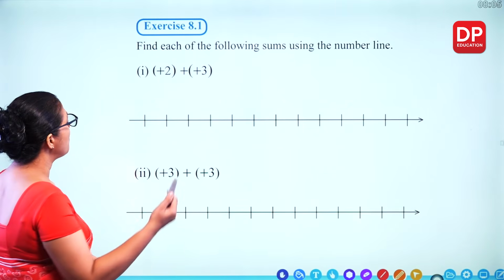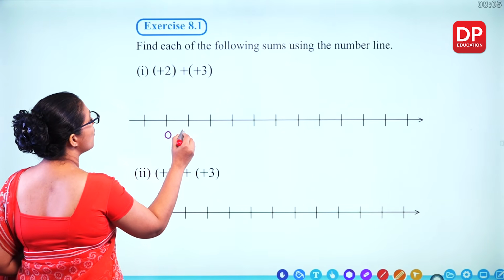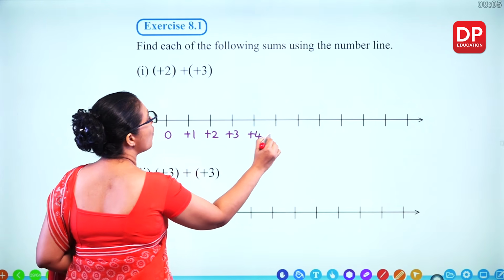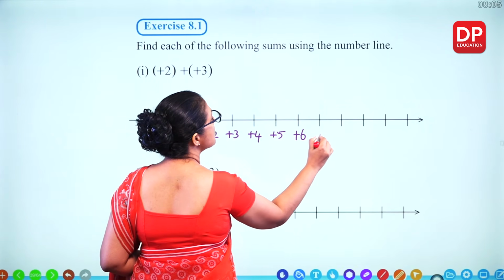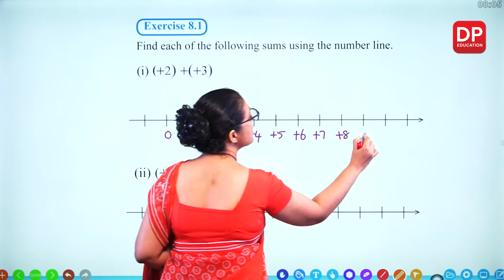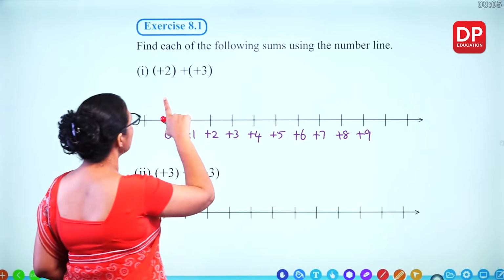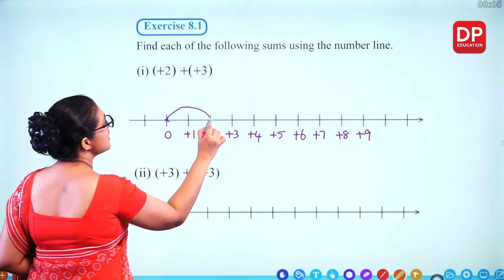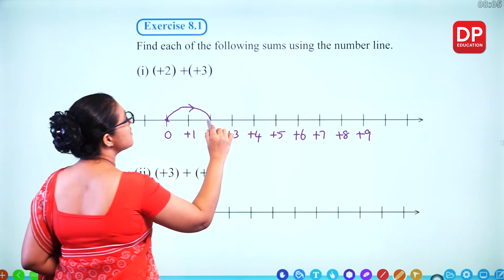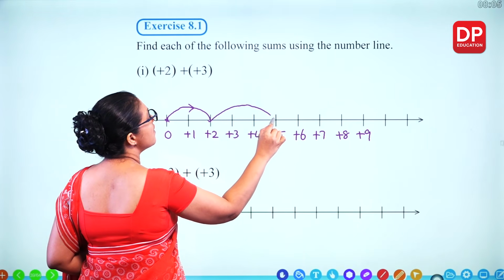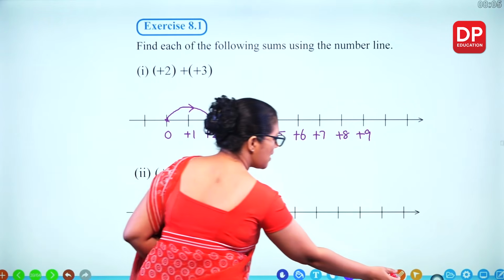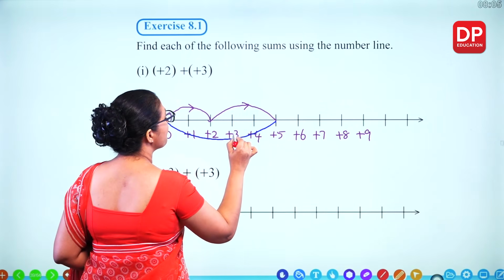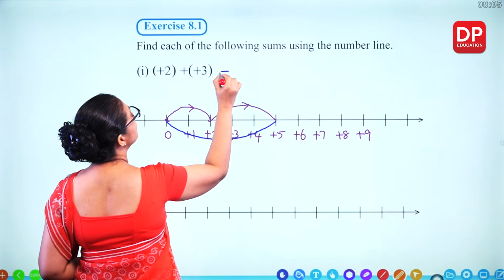So I'll start from 0 here. 0, 1, 2, 3, 4, 5, 6, 7, 8, 9, plus 2. That means starting from the initial point, plus 2 is here. Plus 3 means another 3 squares to the right. So what's the answer? Using number line, we are getting here to here. That's plus 5.